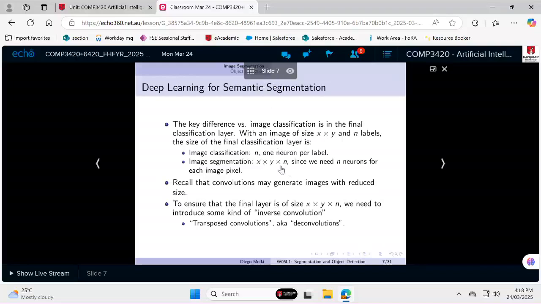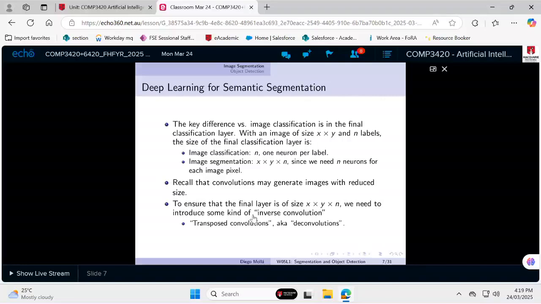So you're going to see it's a much larger number. To enable that, the final layer will need a feature map of size X times Y times N. That means X rows, Y columns, and N channels.